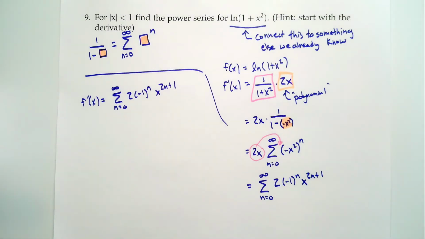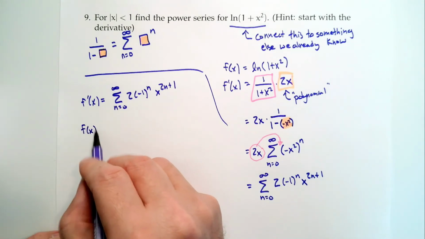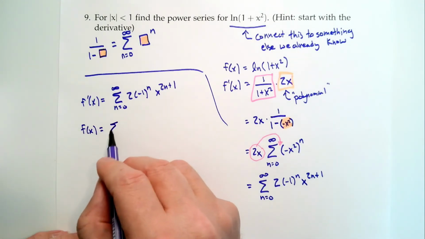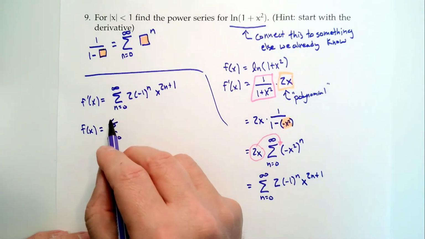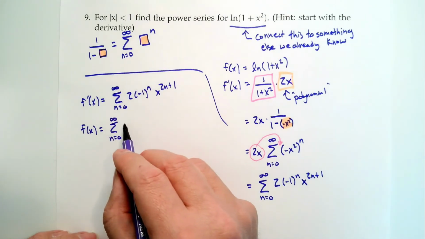To finish up, I want to get a series for f, natural log of 1 plus x squared. So to go from f prime to f, we would take an integral. So f of x is the sum, n equals 0 to infinity. The 2 times negative 1 to the n is a constant.